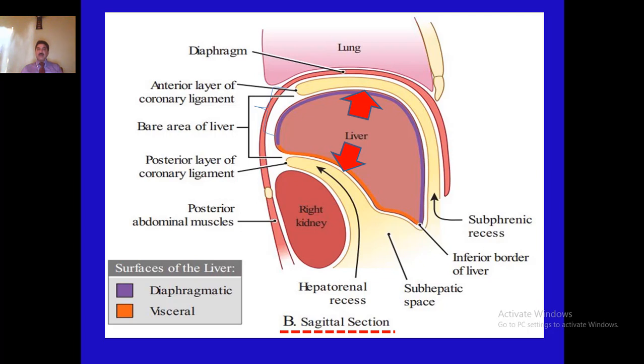Between the superior and inferior layers, the area of the liver which is not covered by peritoneum is called the bare area. This bare area lies directly in contact with the undersurface of the diaphragm, so the coronary ligament attaches the liver to the undersurface of the diaphragm.